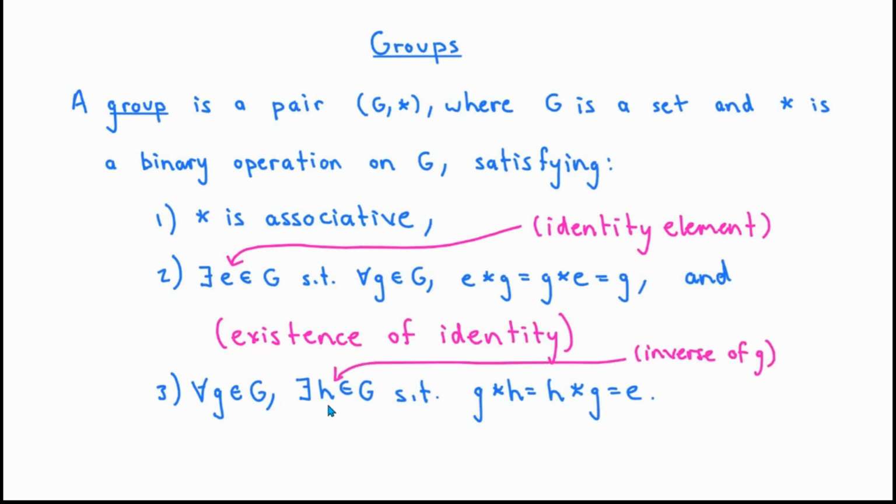That element h is what we refer to as the inverse of g. If your binary operation is something like addition, then you can think about h as being something like minus g. And if your binary operation is something more like multiplication, then you can think about h as being something like g inverse. In any case, this third property is saying that every element of the group has an inverse, so we refer to it as existence of inverses.